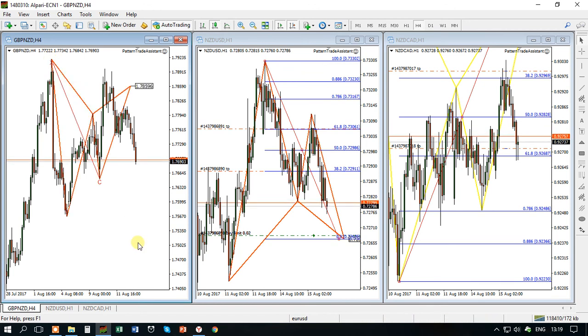Because of this combination of ratios, I know that I have the highest probability of success. That is somewhere around 70 to 80% that I will win. Sometimes there are periods when I have 60% of winners, but mostly it is a bit higher. So New Zealand dollar is right now in front of your eyes.